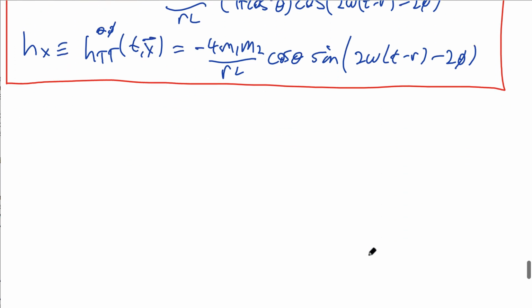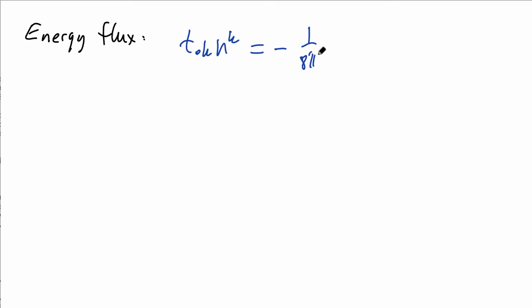Now let's compute the energy emitted in gravitational waves by the binary system. Earlier in this lecture, I derived the energy flux as T0k nk equals minus 1 over 8 pi r squared times the average of I bar TT triple dot ij, I bar TT triple dot ij.